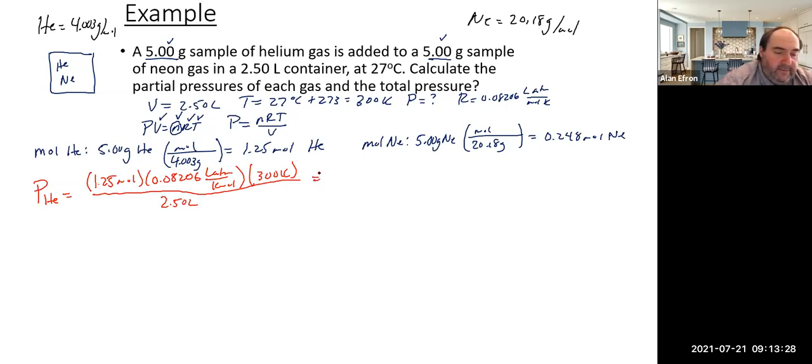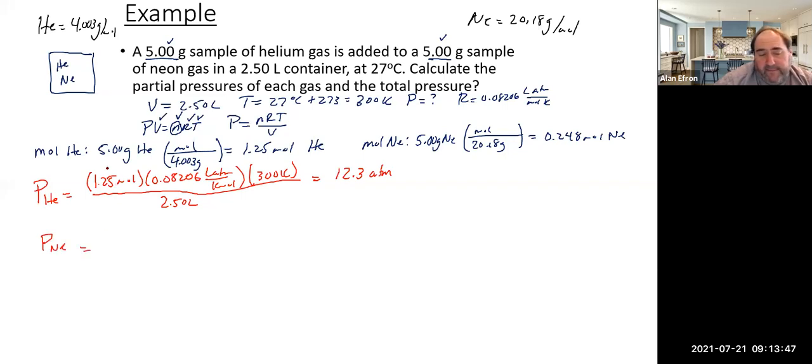If we do that, we end up with 1.25 times 0.08206 times 300 divided by 2.5, which looks like 12.3 atmospheres.